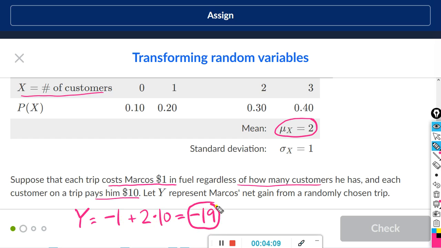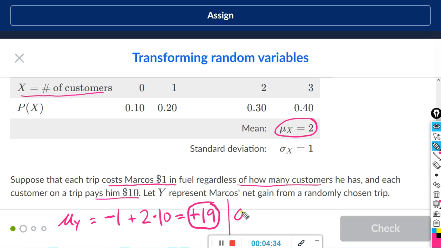That is the new mean. I'm sorry, positive 19. 20 minus 1, positive 19. Now for the standard deviation. And let me just fix this Y here. That will be the mean of Y, positive 19.